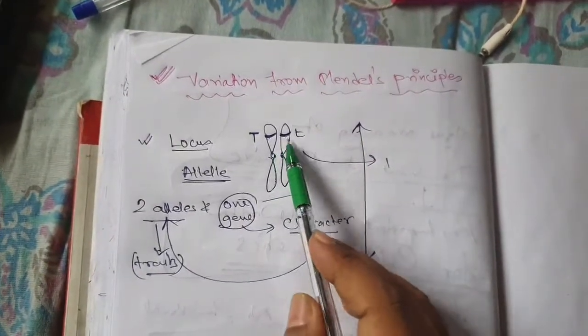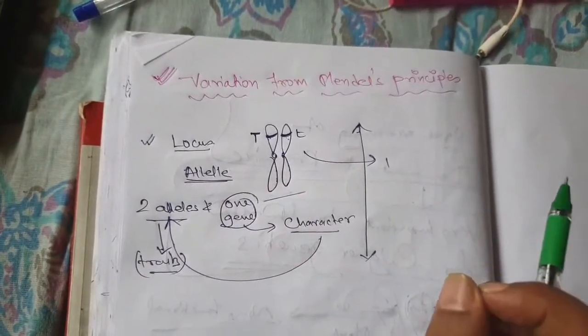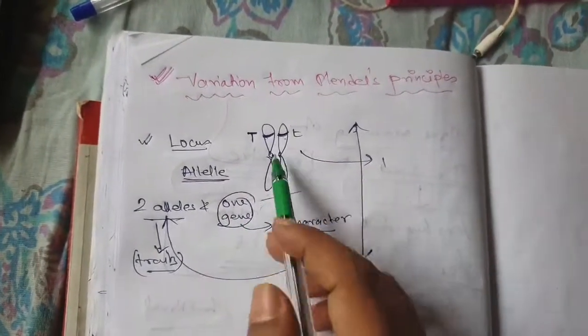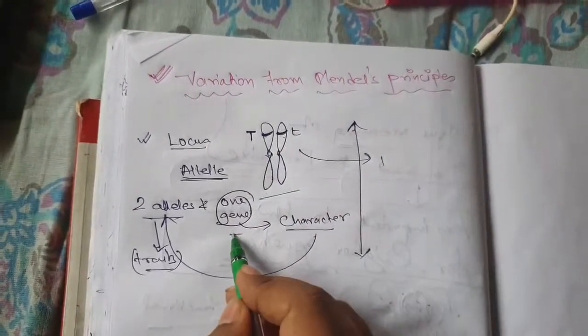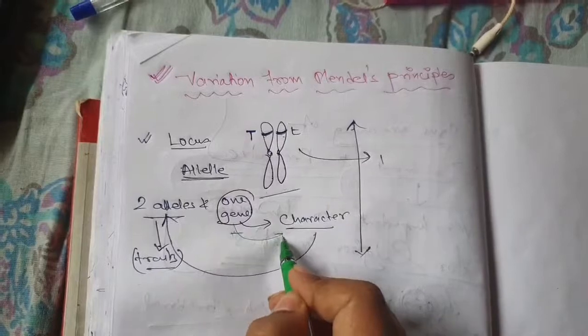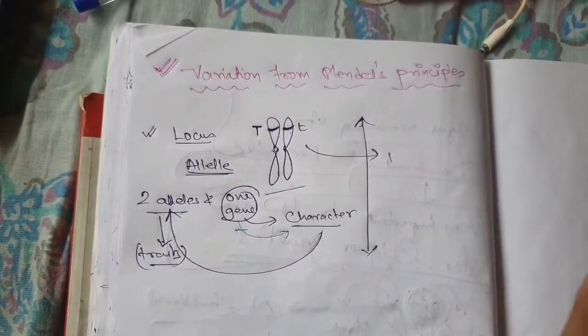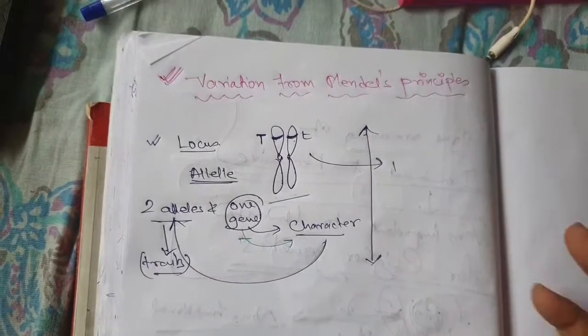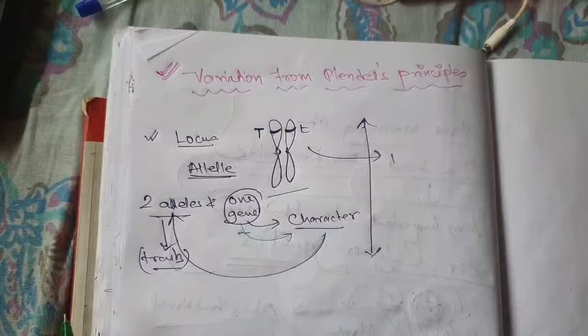However, the combination of capital T and small t will show a phenotype of tallness. Now the basic thing is that these two are alleles of one particular gene, the gene which is responsible for a character, and the character which has two traits or more than two traits. Examples you will get in the upcoming topics. But yeah, so this concept is there.